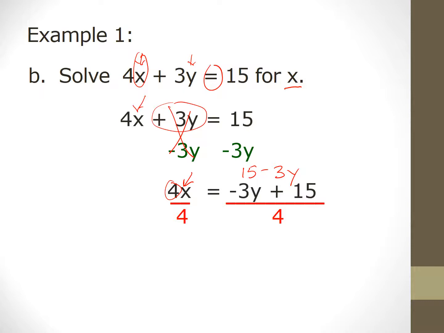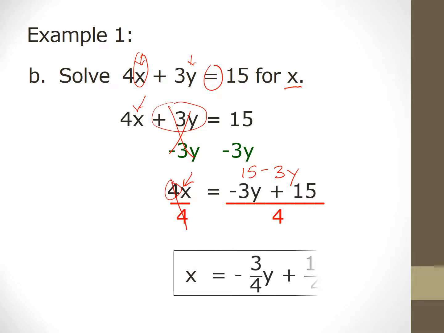And we do that because we know that 4 divided by 4 is 1, and 1 times x is x. So we've solved for x by getting it by itself. And when we look at the right-hand side, if you left the right-hand side as negative 3y plus 15 divided by 4, you'd be right. That's acceptable.